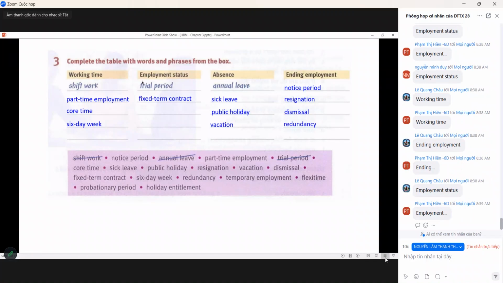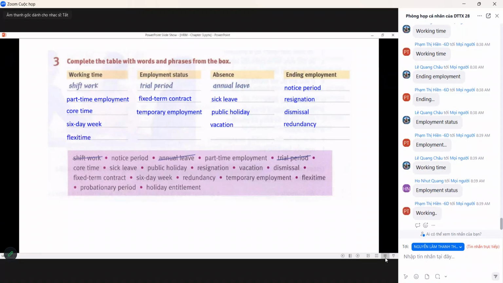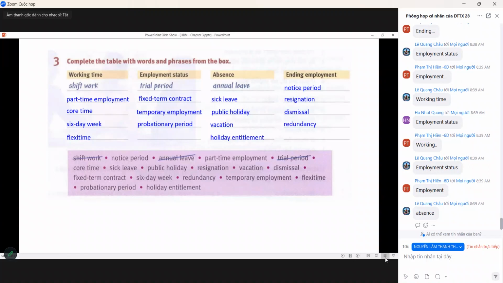Employment status. Flexi time. Working time. Probationary periods. Employment status. Holiday entitlements. Absence.